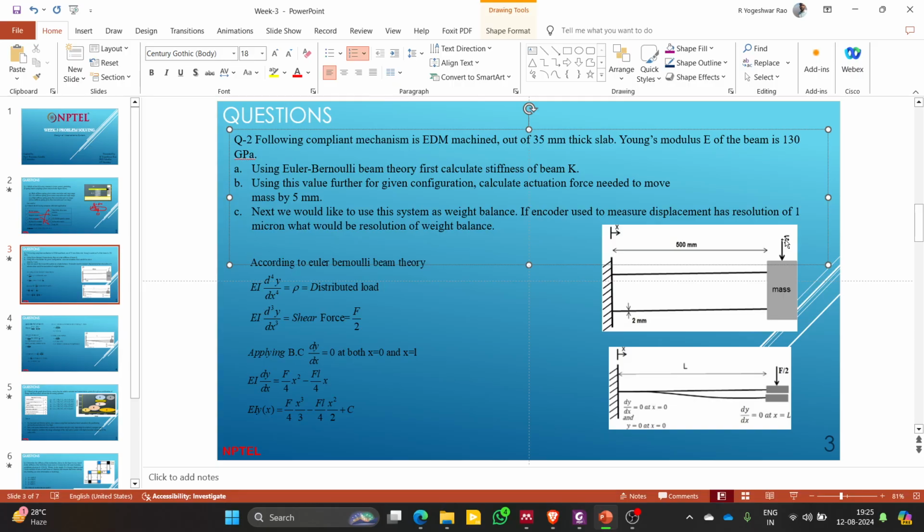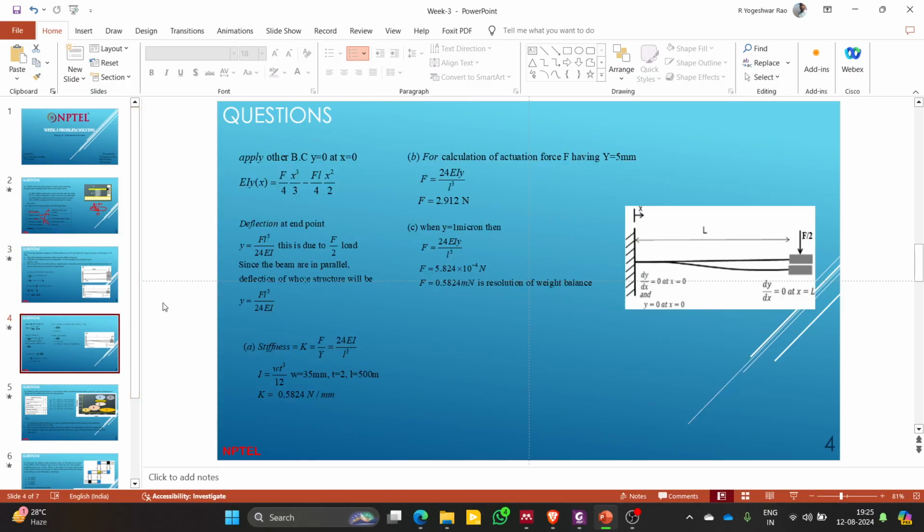If you see this, force is proportional. Let's forget L because L remains the same. So Y is proportional to F. Whatever the increment in Y will be, since length, E and I remain the same, it will reflect in F also, right? That's what I'm saying.